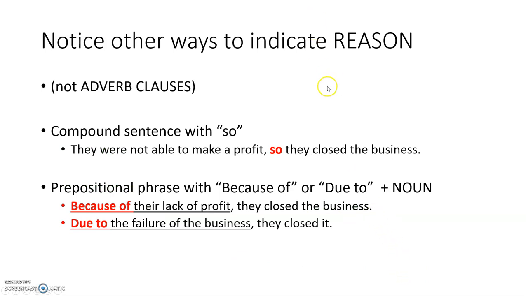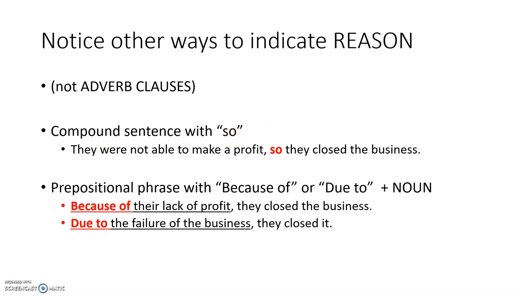Okay, so of course, this is not the only way to express reason. Making a sentence with an adverb clause is one type of structure, but we have other structures that do that also with different connecting words. So this is just kind of a reminder to you. We can make a compound sentence with so.